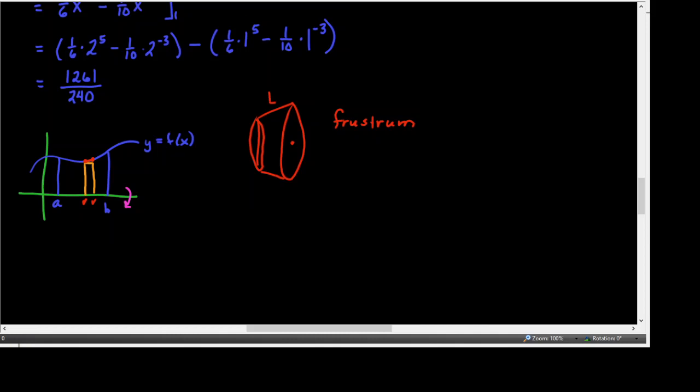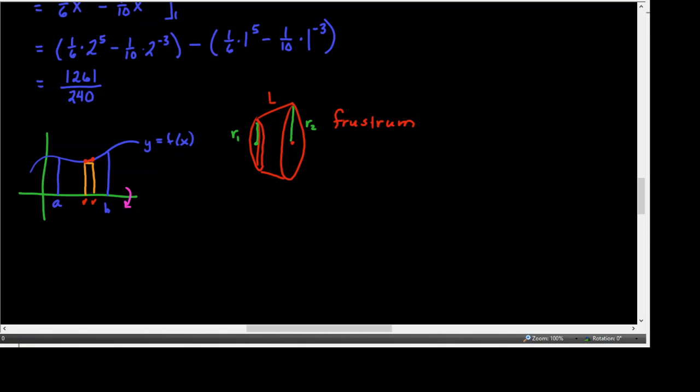And I better change color, you won't be able to see. And the frustum has two different radii. Let's call this one R2 and call this one R1. Radius at one end versus the radius at the other end. Oops, I meant to call that R1. And I wrote R2 again. R1. There we go.